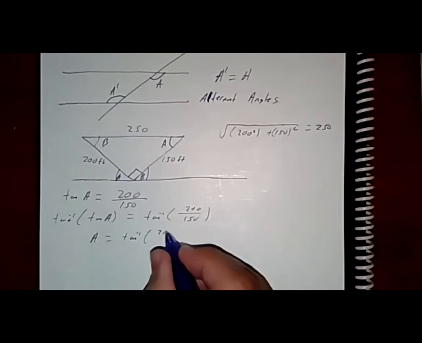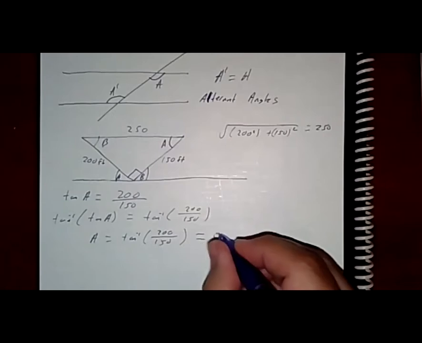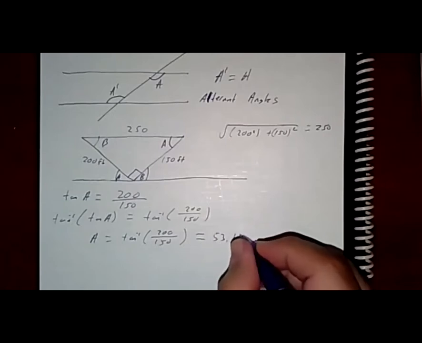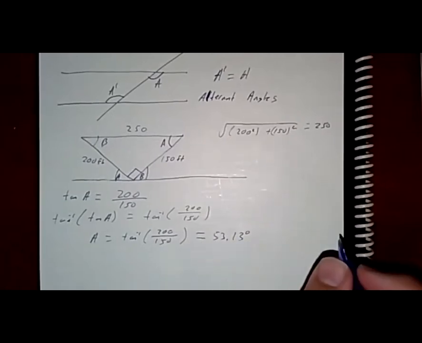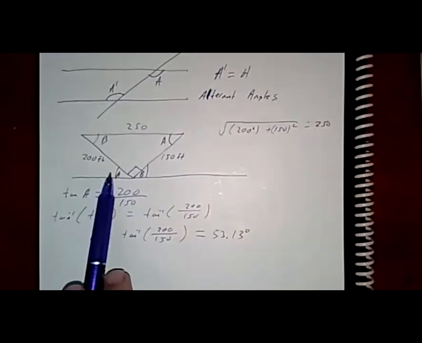So what is tan inverse of 200 over 150? Looks like 53.13 degrees. So that's this angle here, which means that's the same for this one.